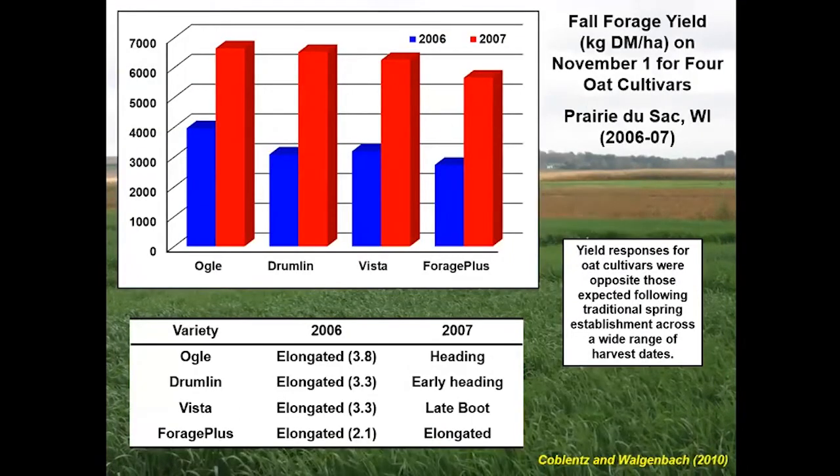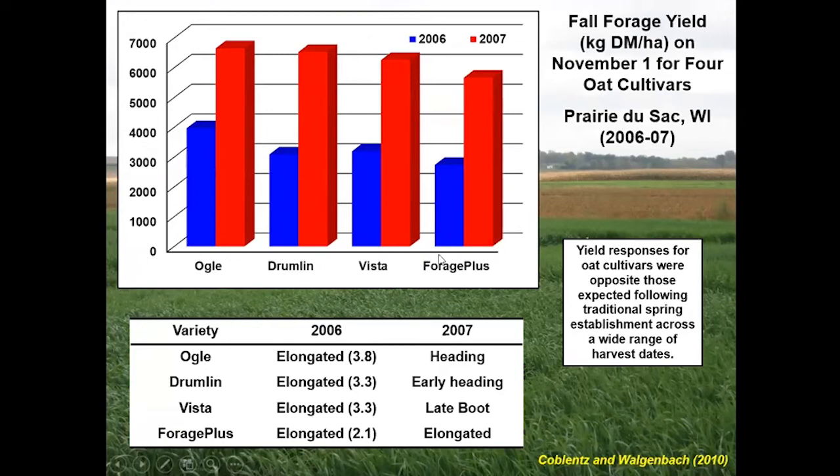The other thing that we found that was quite interesting, and it is a little bit of a complexity in terms of management. These 4 fall oat cultivars, Ogle, Drumlin, Vista, and Forage Plus, as you proceed across this gradient to the right, their maturation rate slows pretty considerably.